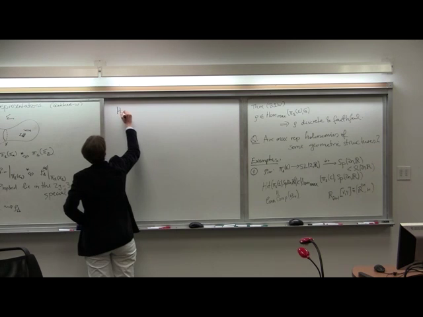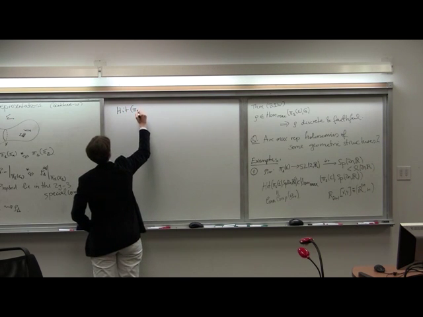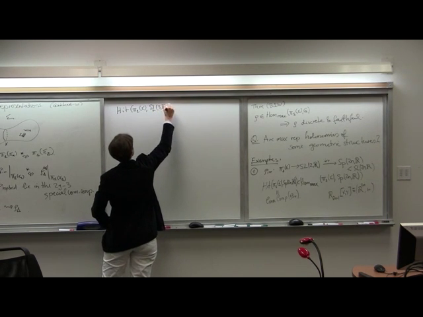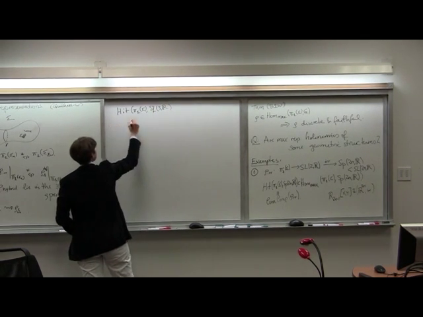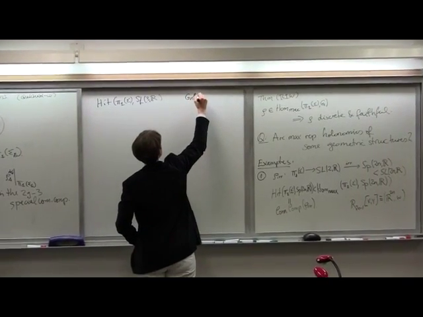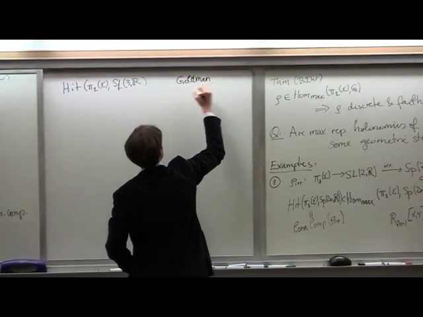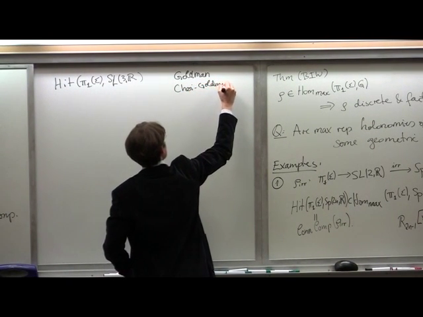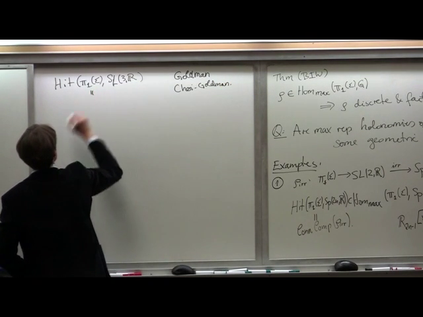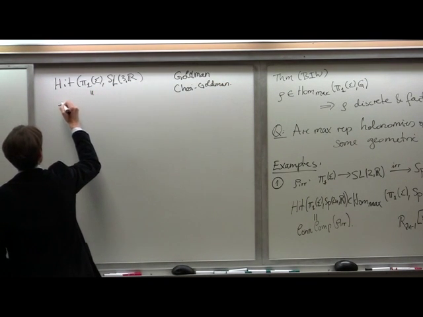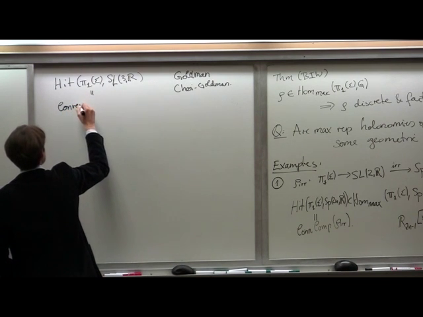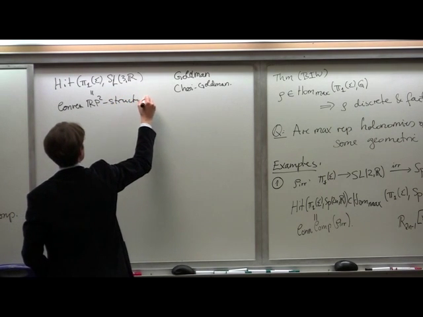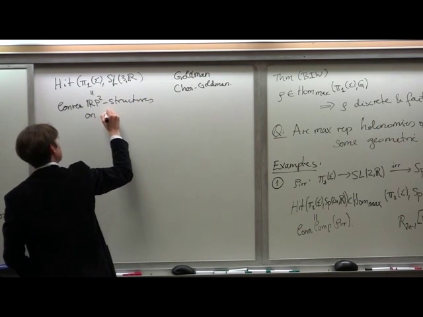So if you look at the Hitchin component for SL3R, then the work of Bill on convex projective structures, and then the joint work with Choi on the closedness, tells you that this is actually equal to the space of convex RP2 structures on sigma.